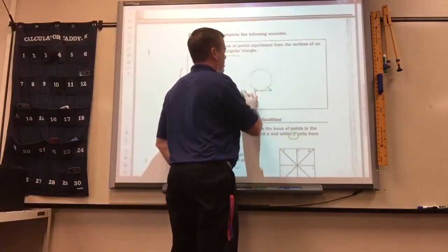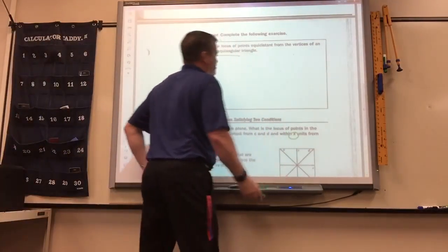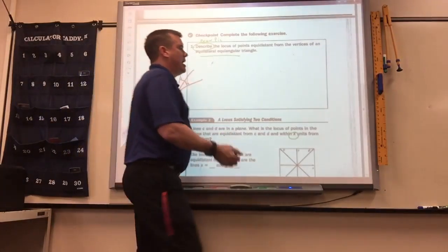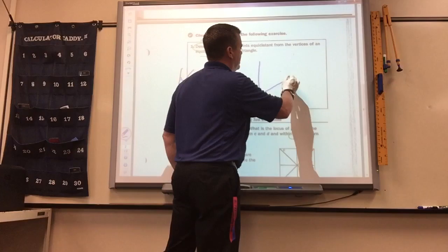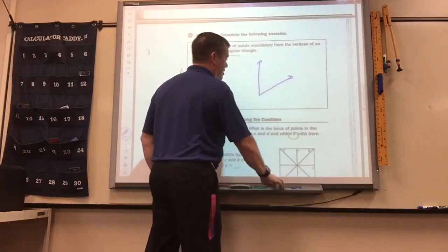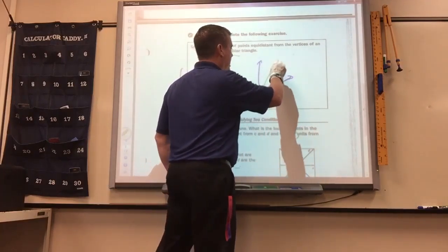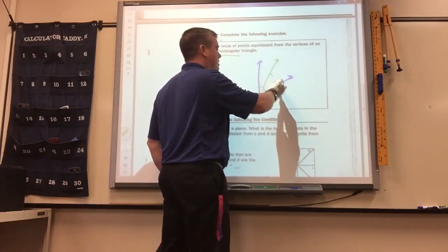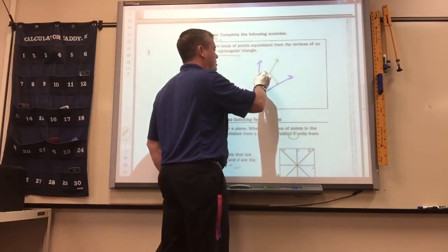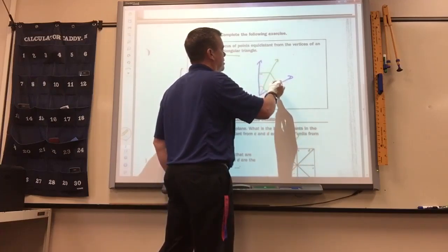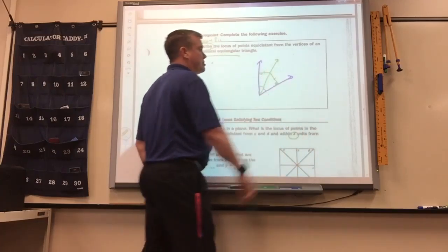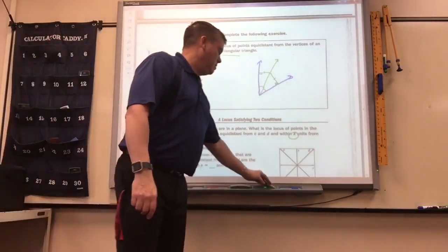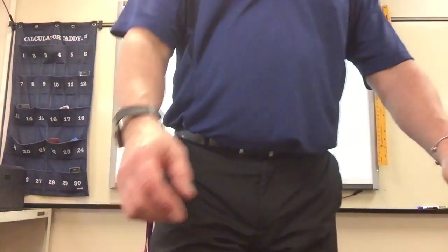I didn't say it. And that's the angle bisector ones. To find a point that's equidistant from each side of an angle, you would have to construct the angle bisector. So every point on this line is equidistant. It's not a very accurate drawing, but from each side of the angle. Okay? But that was from the last chapter, right? So we're just going over it.